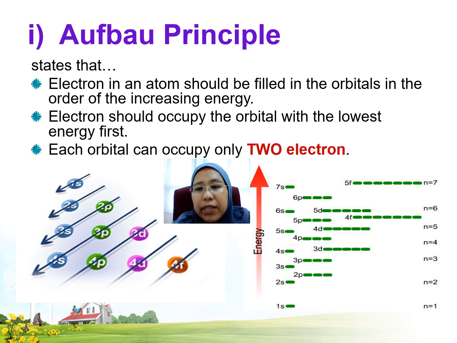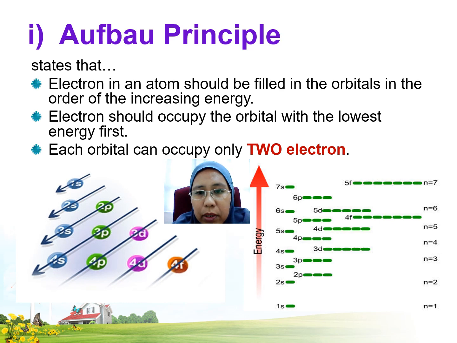Aufbau principle states that electrons in an atom should be filled in an orbital in order of increasing energy. So the electron will occupy the orbital with the lowest energy first, whereby each orbital will occupy only 2 electrons.